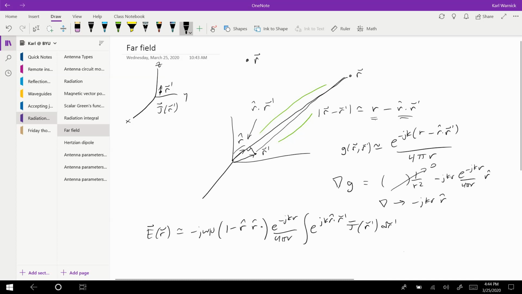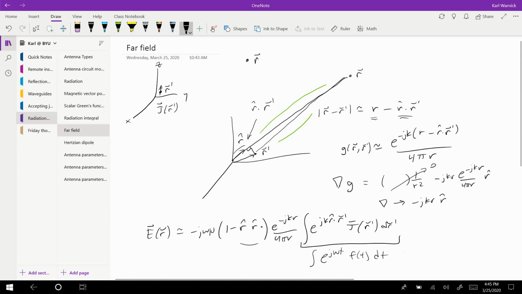Now that may not look to you to be much simpler than what we had before, but it's actually quite a bit simpler. First of all, there's no del operators. We just have dot products. That makes it easier to deal with on the left side of the equation. The integral also changes in an important way. Here what we have is a variable that we're integrating that appears in an exponential, and that is very much like another integral, e to the j omega t f of t dt.